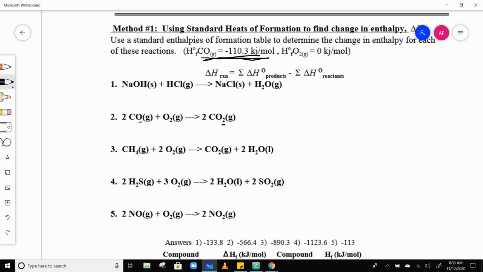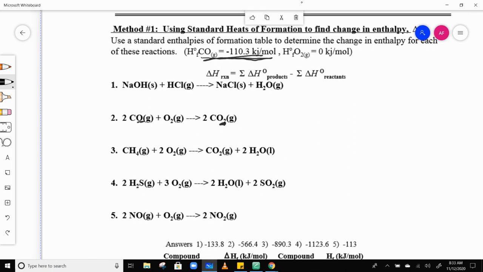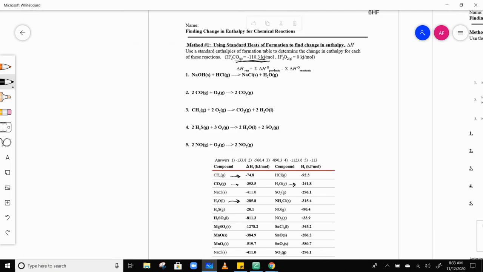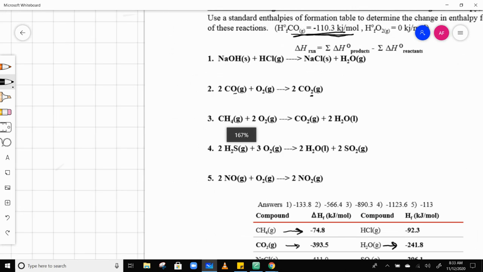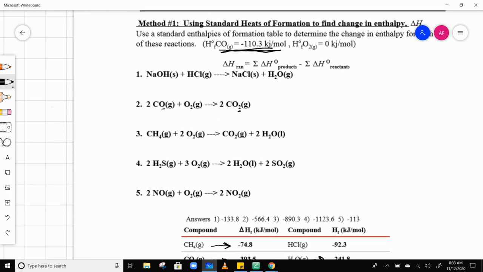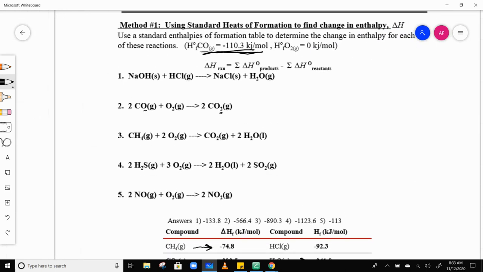Also, if you have an element by itself, elements by themselves are always 0, and all the diatomics are 0. So O2 is 0, but F2, N2, Cl2, Br2, and I2 are also all 0.